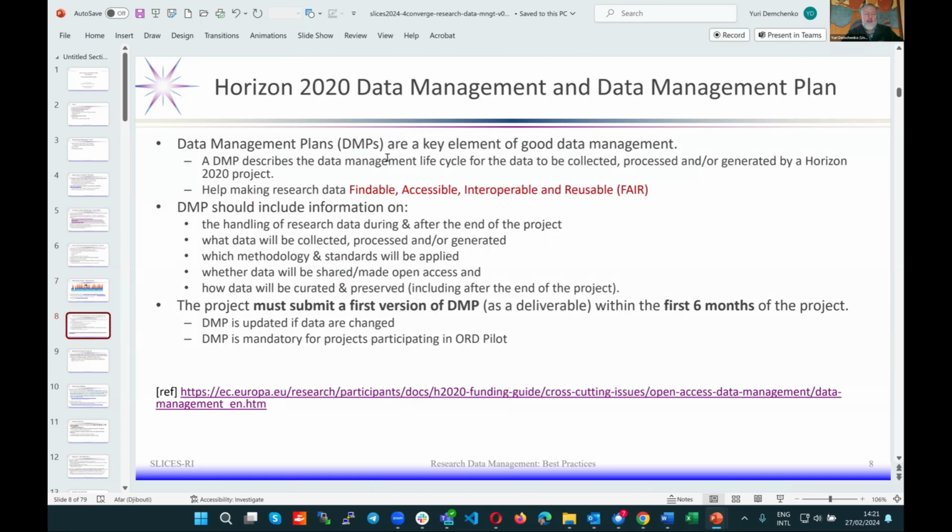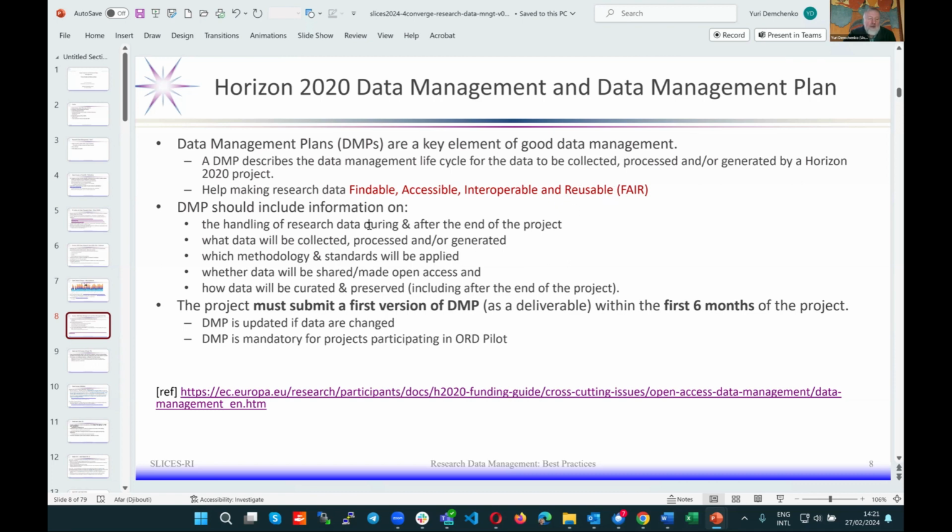So another element of the European data management, meaning research data management, is the data management plan. The initial data management plan was more or less generic, but since 2020, this data management plan is structured by FAIR data principles.